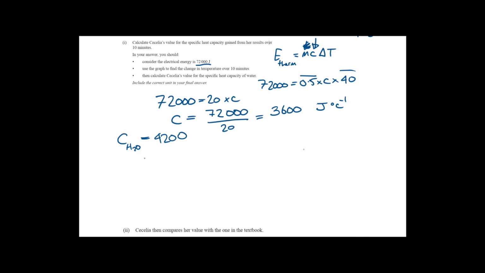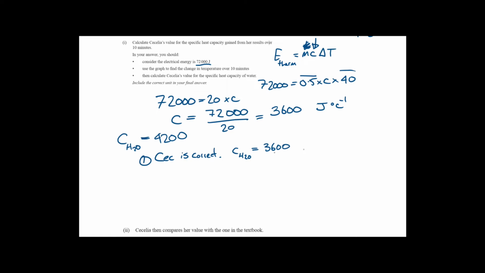The first thing is that Cecilia is correct, and the specific heat capacity of water really is 3,600. If that's the case, then Cecilia can expect a Nobel Prize in the post next week.